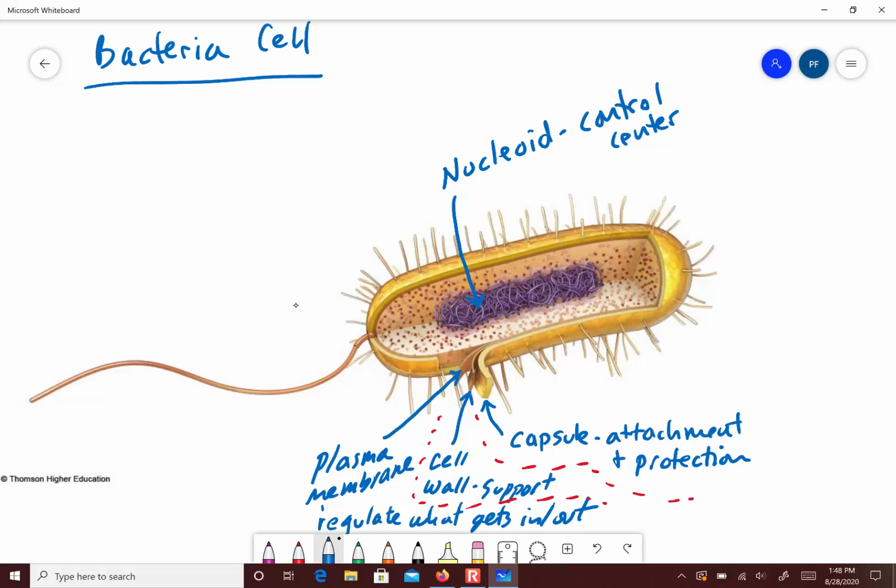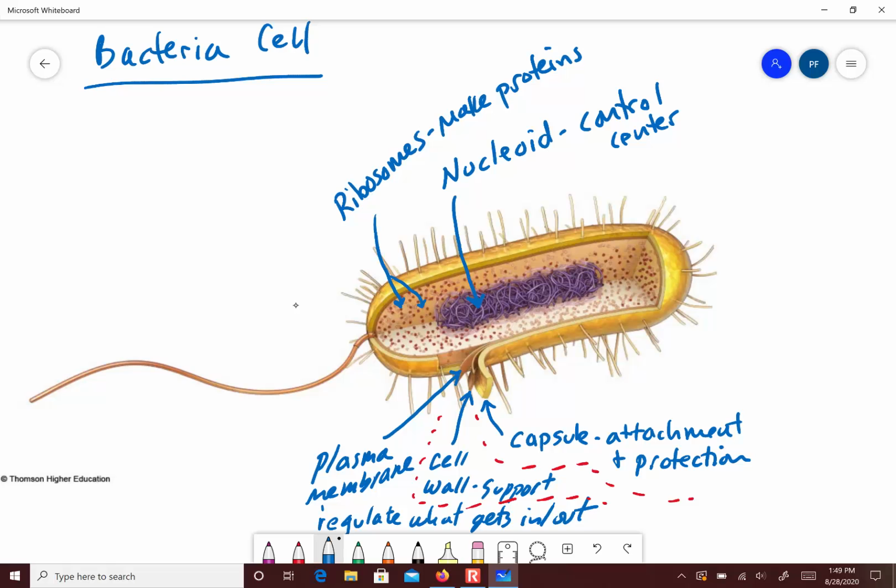Okay, and then all of these red, pinkish color dots that we see inside, notice they're everywhere, right? All the little reddish dots. Those are ribosomes. And ribosomes make proteins. So we're going to see those in all of our cell pictures. So not a whole lot of internal complexity, just kind of shows us a couple of things.